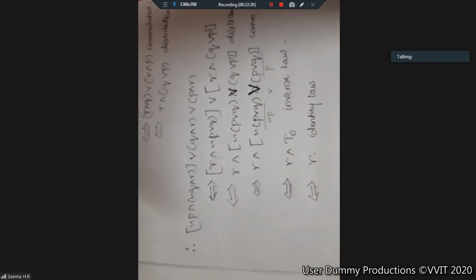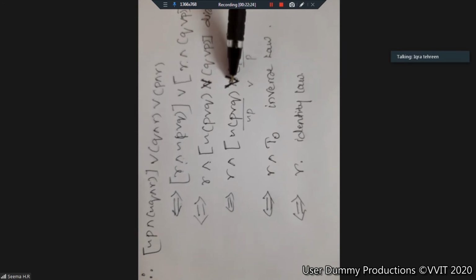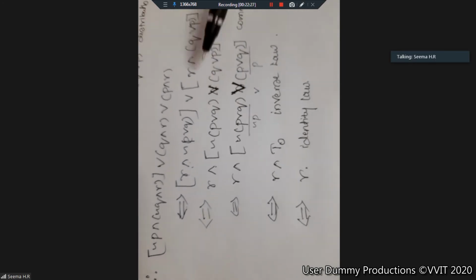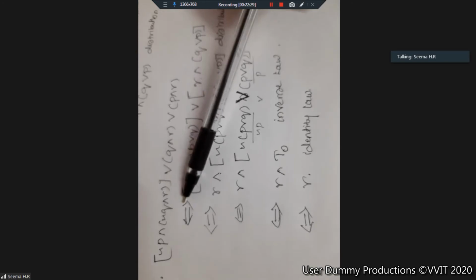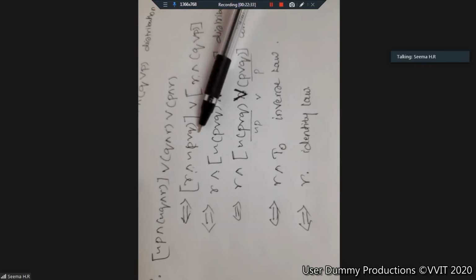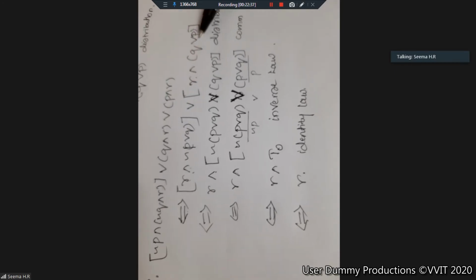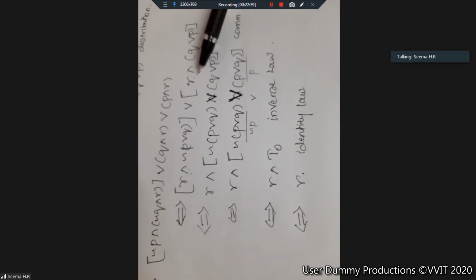Ma'am, I missed that last third step, ma'am. Which one? This one. Last third. Yeah, ma'am. What is there here? Here I have just first portion we simplified and we wrote it as R and negation of PRQ. Second portion we have simplified and wrote it as R and QRP. So here R and is a common factor.